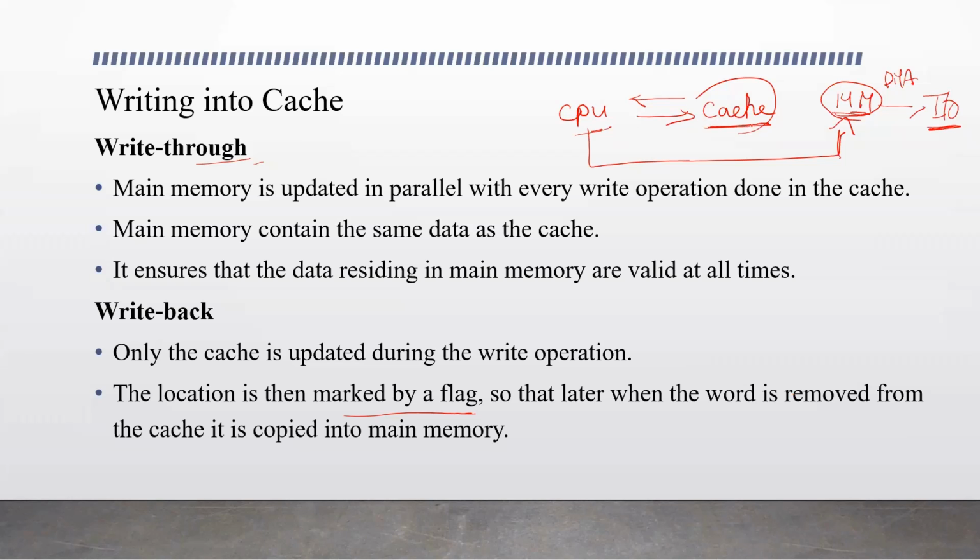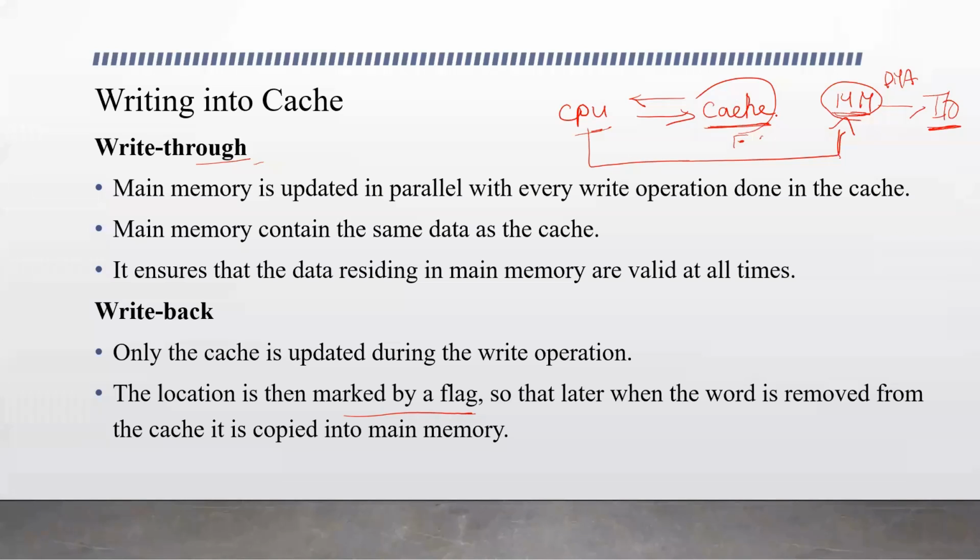Instead of immediately updating the corresponding word in main memory, when the write operation is performed in cache, a flag is set. It is to remember that there is an update that needs to be made in the corresponding word in main memory.